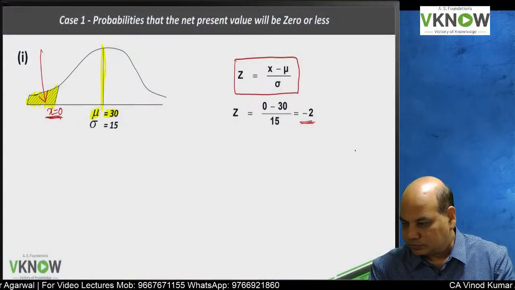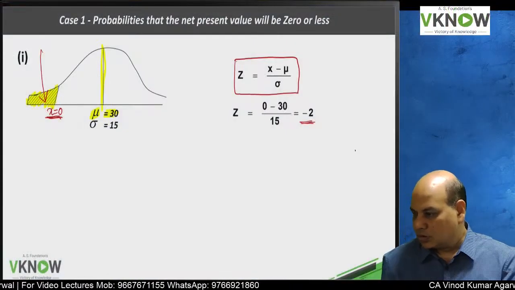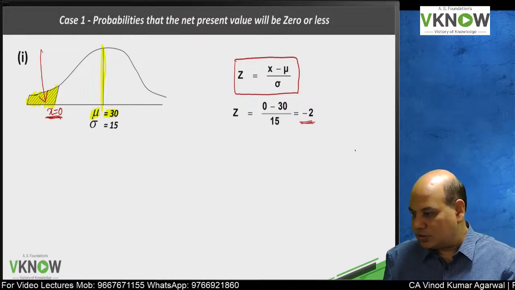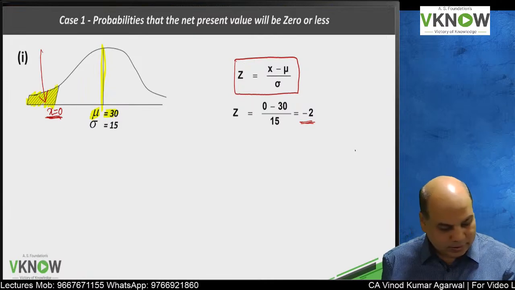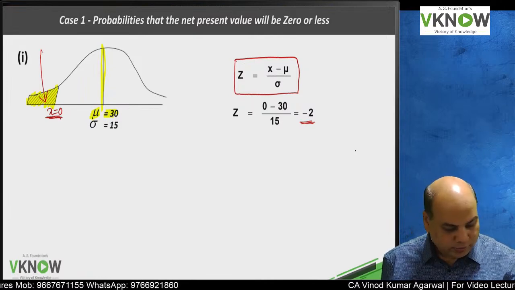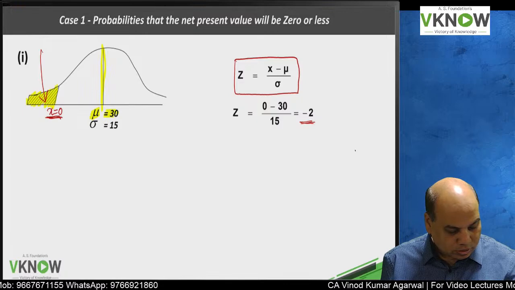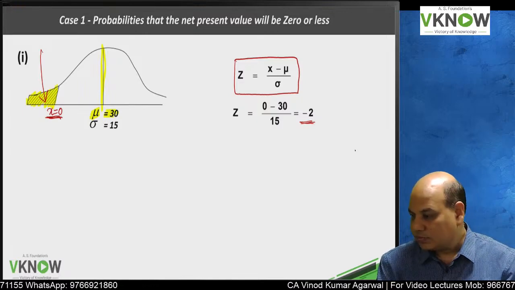How much are you getting? Can you see 0.47128? Say yes or no. I hope you are able to search it. In front of 2, 0.47725 is there.